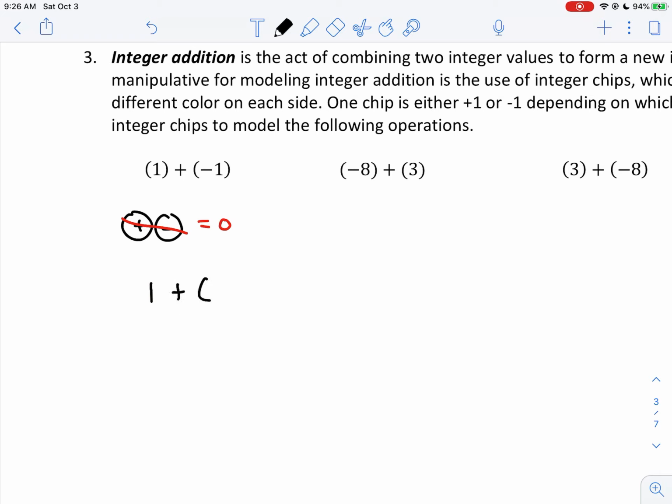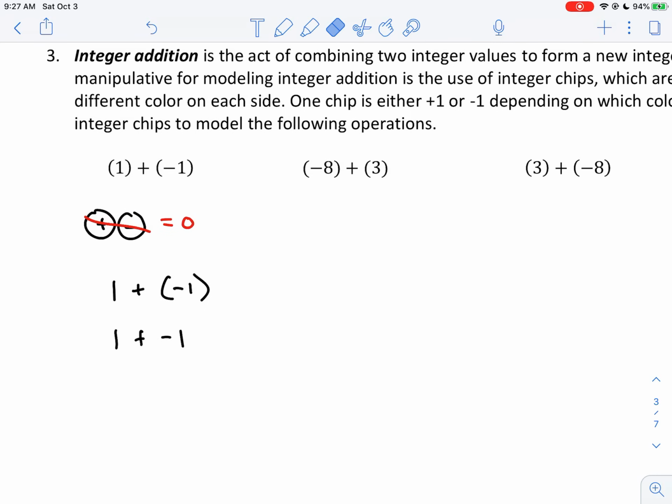They'll write the operation, but then the second number they like to put in parentheses, just to avoid this confusion of having an operator followed by a sign of a number right away. So this is one way you might see it written, or I don't have to put either one in parentheses, and this means the same thing, combining a 1 with a negative 1.